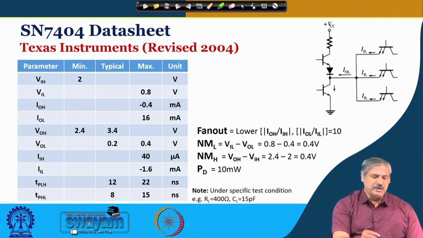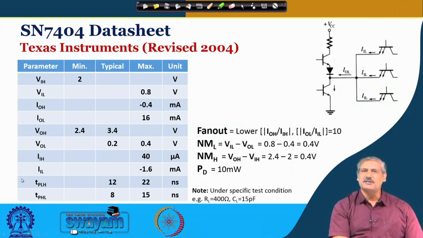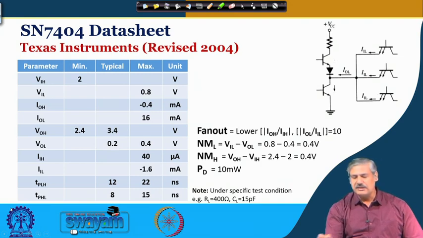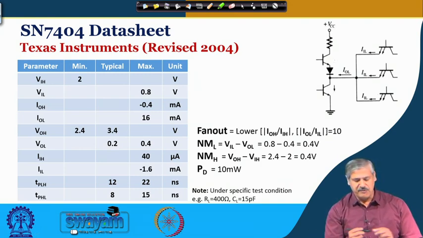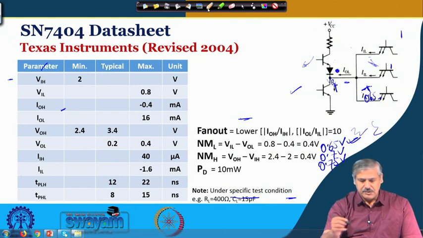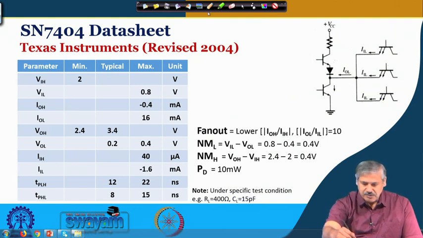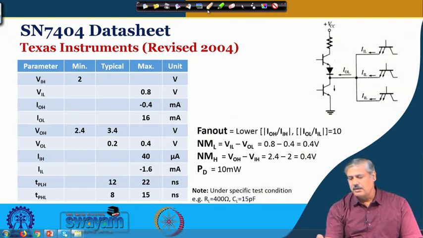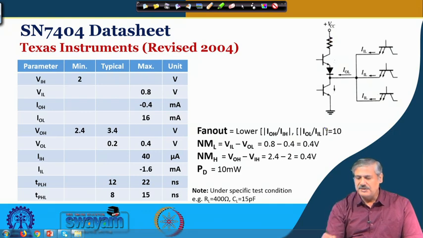In addition, you can see the corresponding current values for these different cases, and one such thing that we can see is the fanout calculation. Here is the case where you can see this is the totem pole output and similar gates have been connected at the output. Okay.